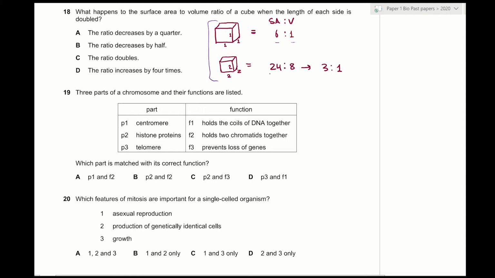Here it gave me a 24:8 surface area to volume ratio. As a simplified ratio, it gave me 3:1. Here we can clearly see that the surface area to volume ratio has been halved. Therefore, the ratio decreases by half and the answer is going to be B.